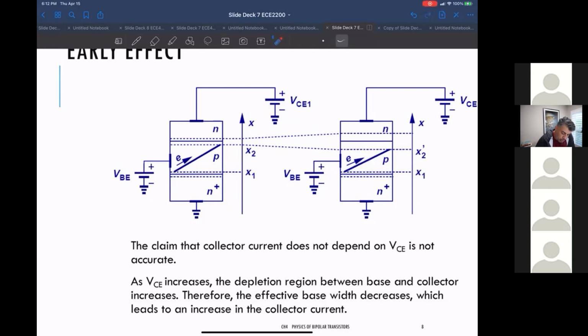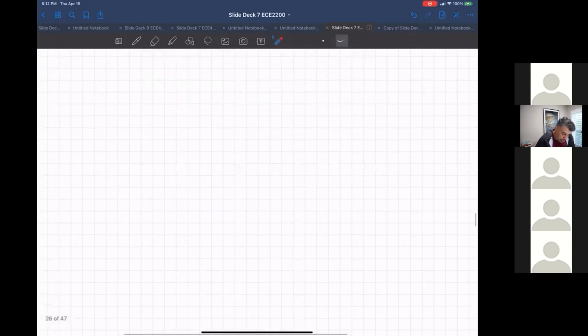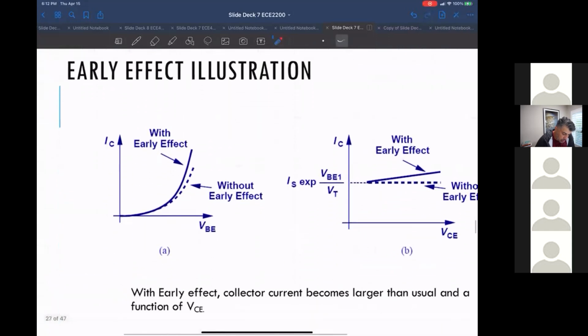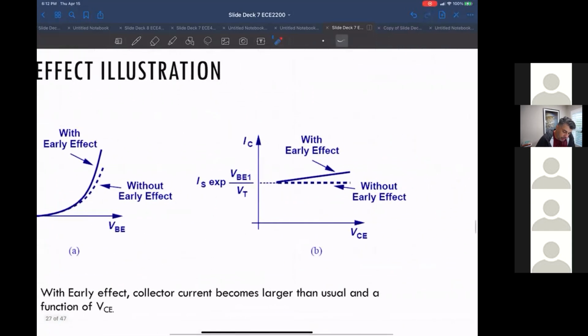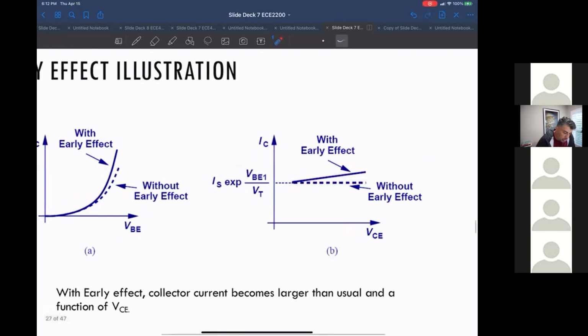So when you plot I sub c versus VCE, it doesn't stay constant, but goes up slightly with VCE. Instead of being flat, it has a slope. And this is called the early effect.